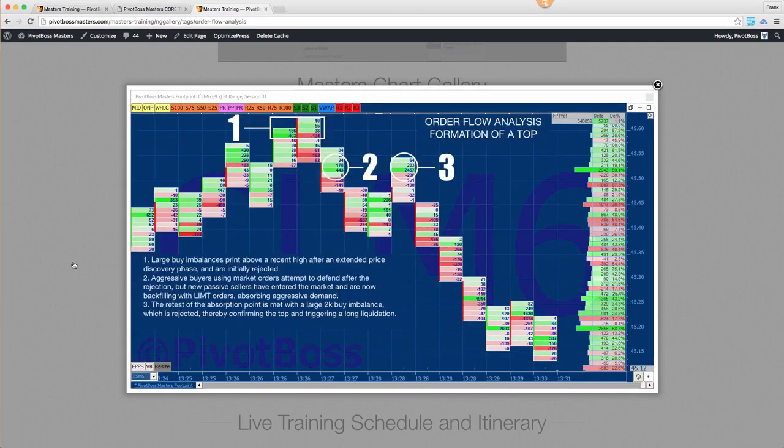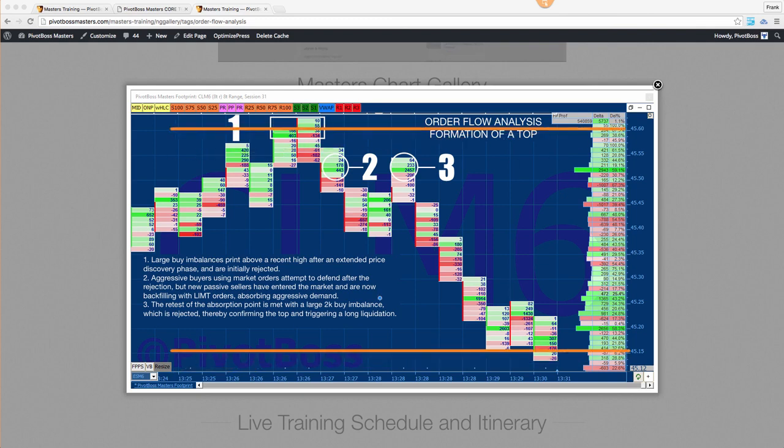So here is order flow analysis with regards to the formation of a top. This is also in crude oil, and this was later on this afternoon actually. Again, another great example. There were so many great examples today. What we're looking at here is a short-term top, because we don't have to hit home runs. This is 45.60 and this is 45.15.